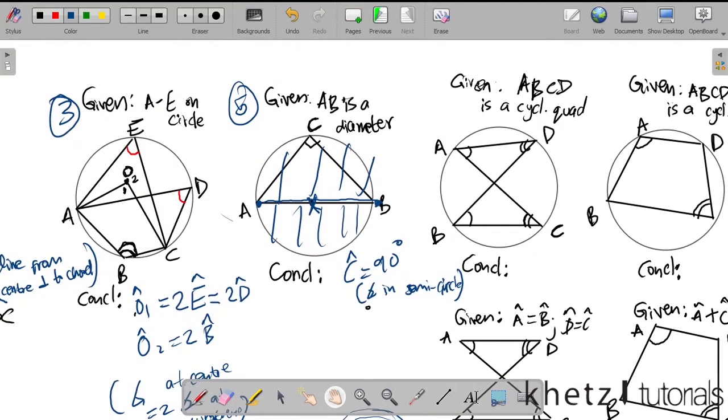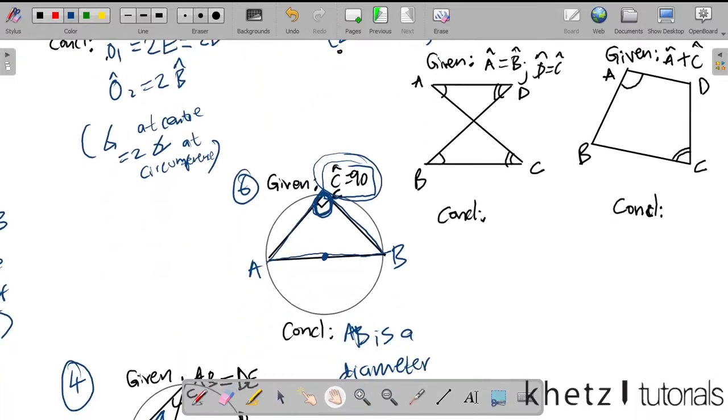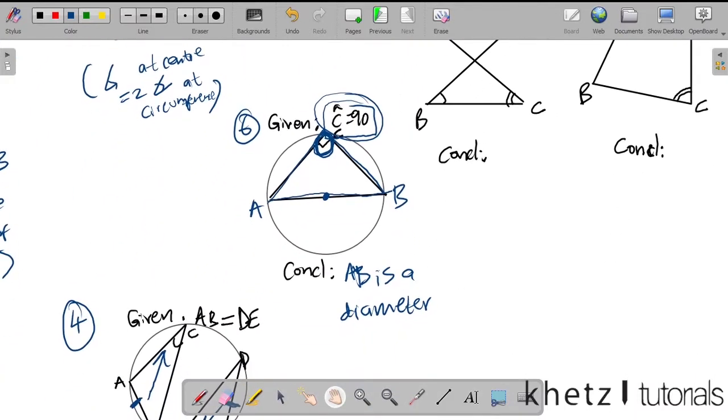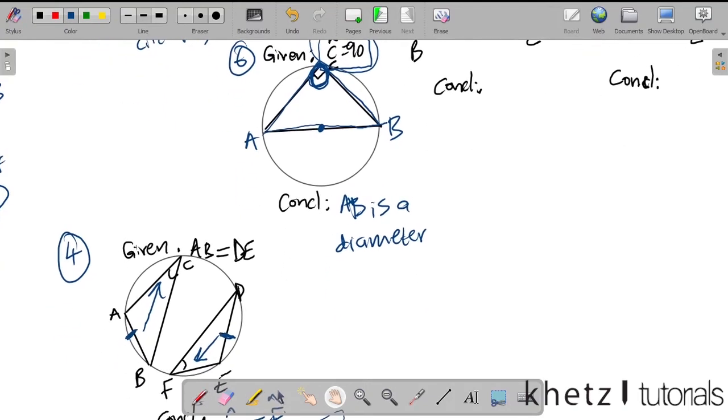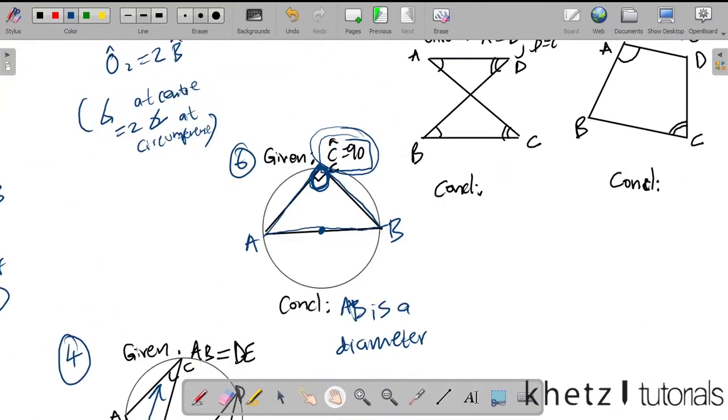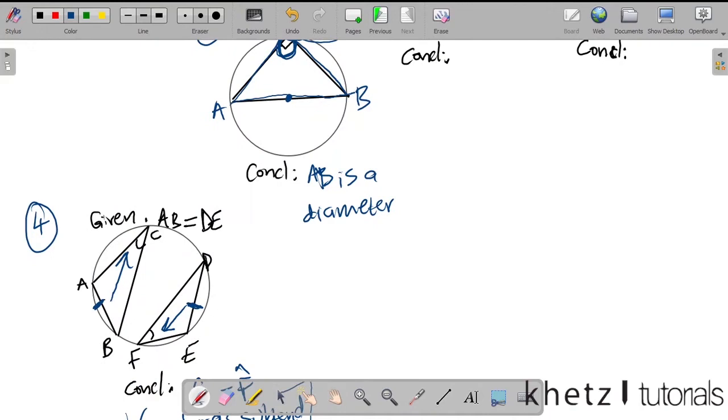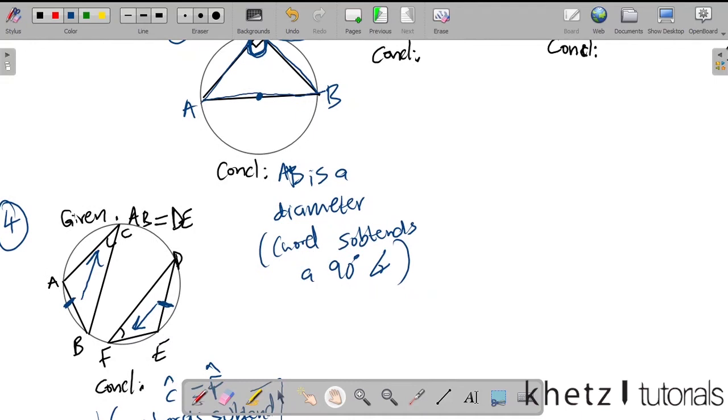If we are given that C is 90 degrees, the only way that can be is if AB is a diameter, and that is why we made that conclusion. And your reason, if you were to answer questions, you'd say basically chord subtends a 90-degree angle. You can't call it a diameter as yet because you weren't sure in the first place, and that is why we use the term chord.